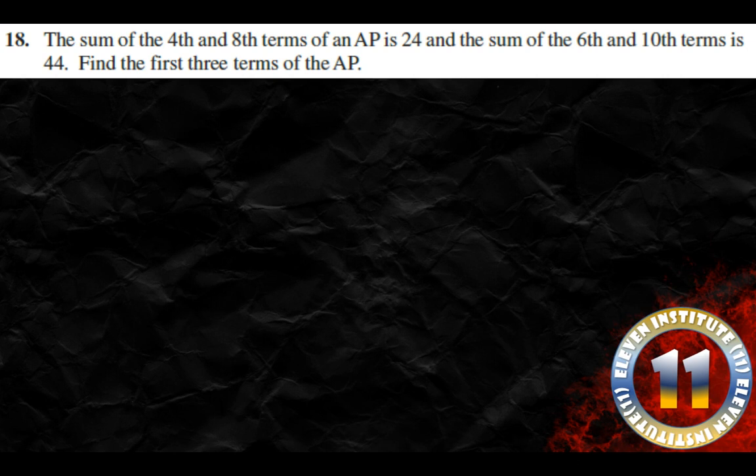The sum of 4th and 8th terms of an AP is 24. We will not read further, right? Sum of what? Of 4th and 8th terms is 24. So first of all we will write this over here. So we can write solution over here.